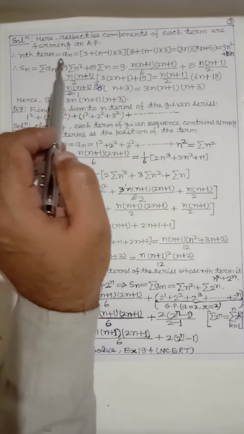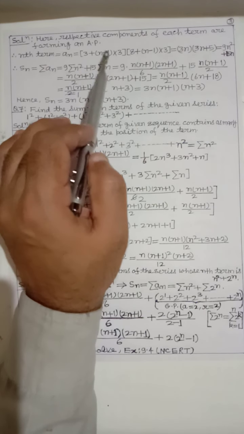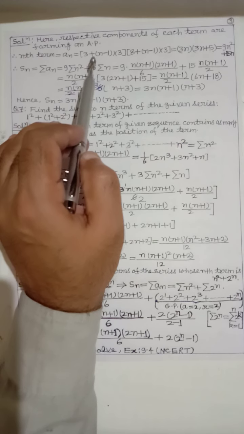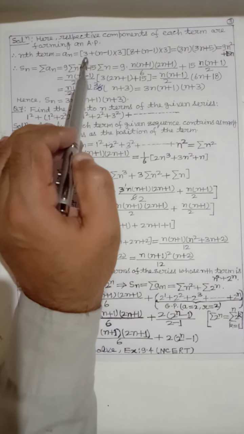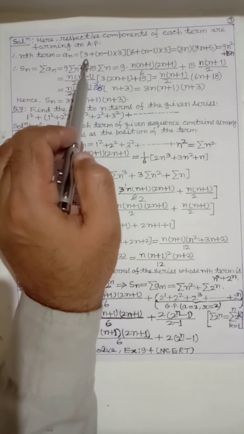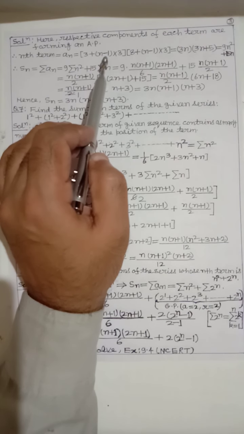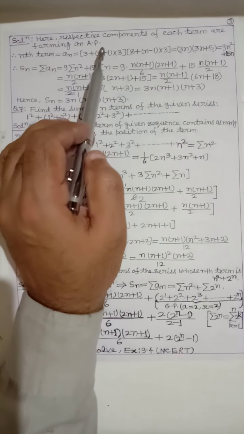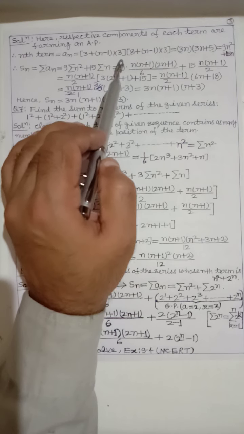So what will be the nth term? For the first AP, a plus n minus 1 d. The first term is 3, and d is 6 minus 3 equal to 9 minus 6, we get 3.